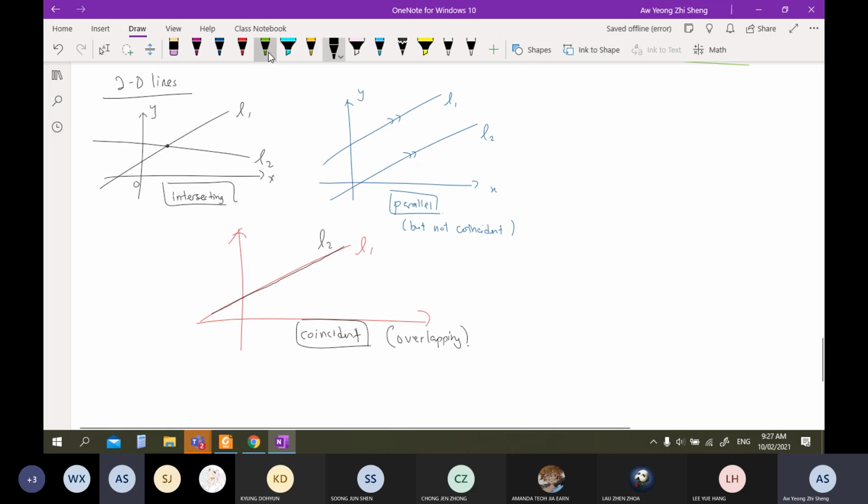But for 3D, it's possible for two non-parallel lines to never intersect no matter how long you extend them.